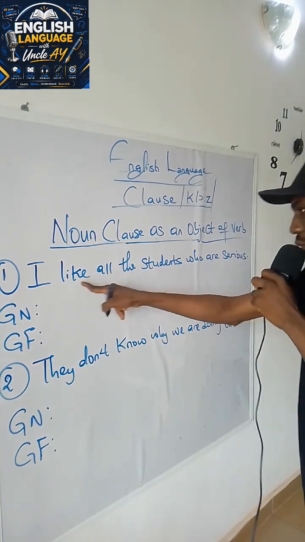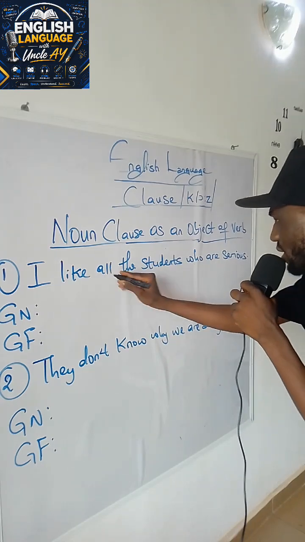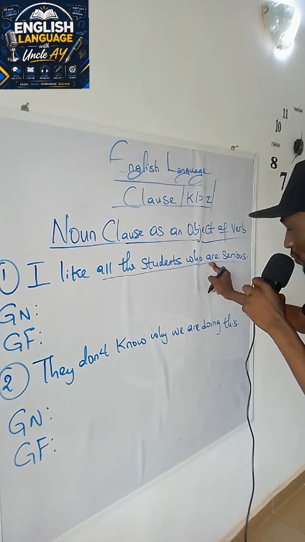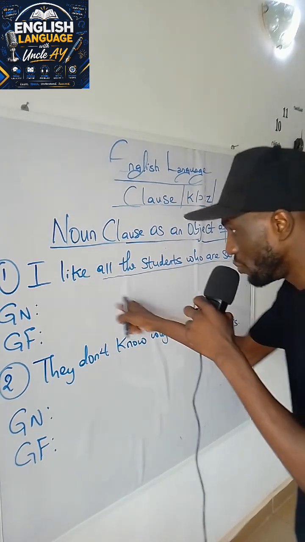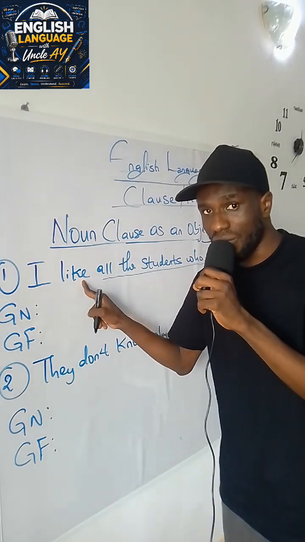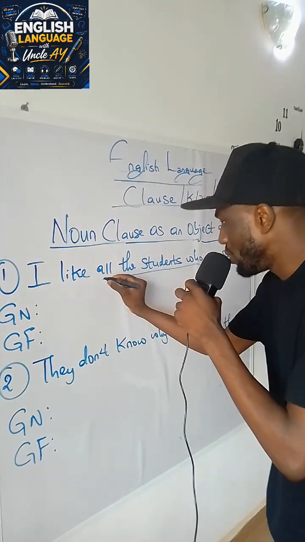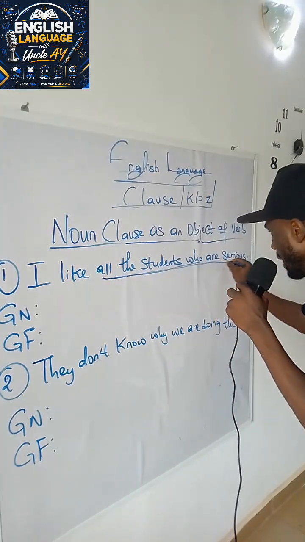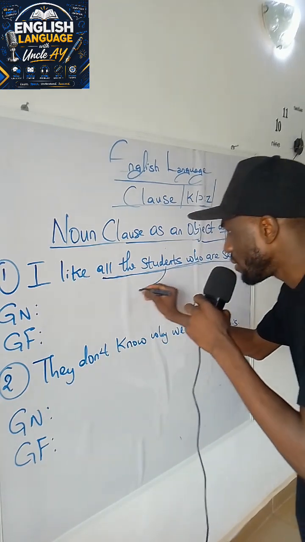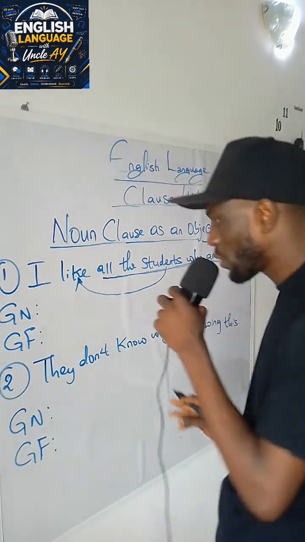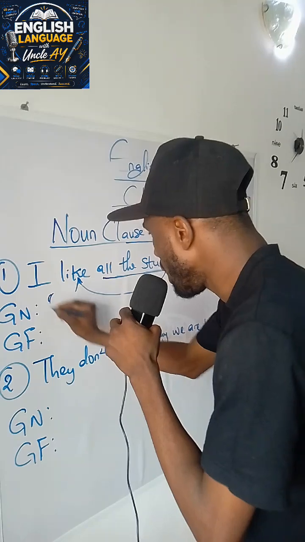Since we have a first verb, all of this here, including the verb before the end of the sentence, has to come to receive what? This particular verb, from the subject. But since we are doing the object, all of this receives the very action in "like." So let's put this down as a grammatical name.